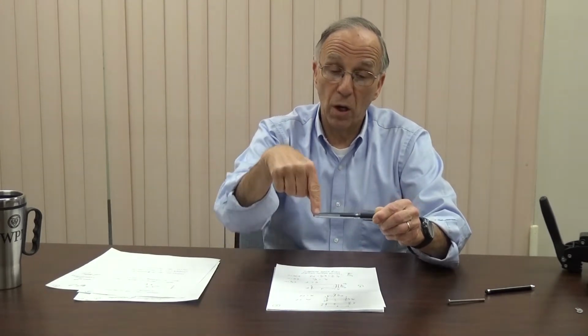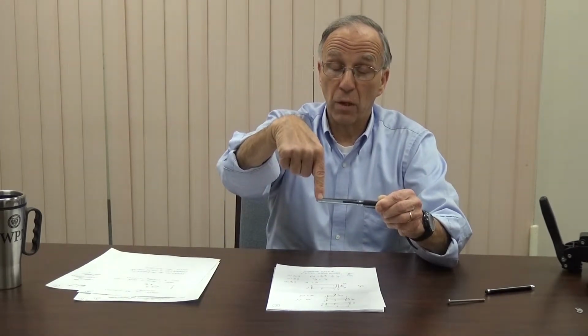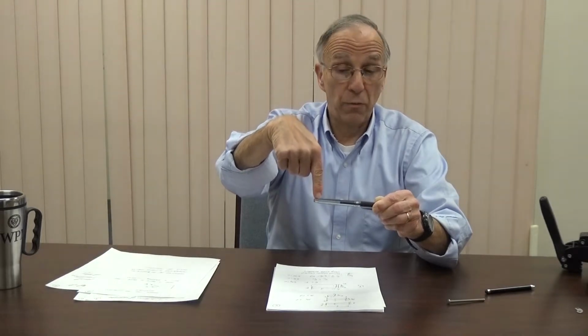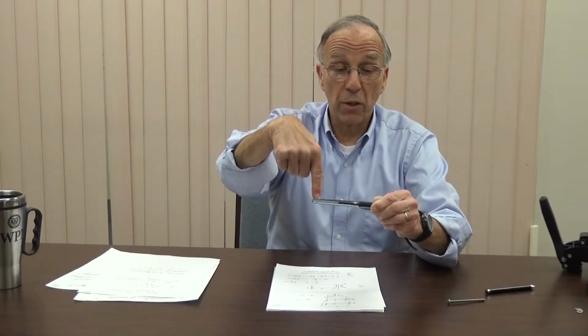The next type of loading I'd like to briefly describe is one in which we have bending. So this would be the case of a beam rigidly affixed to a wall, and I put a load on it in the vertical direction. Now, it's apparent from equilibrium in the vertical direction that over here by my hand, I must also have an equal and opposite force in the vertical direction, in this case pointing up.